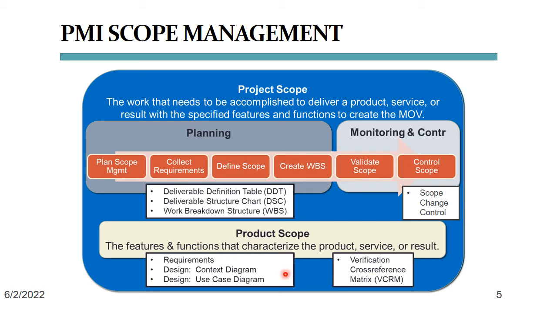The scope verification cross-reference matrix that you're seeing in the lower right-hand corner here helps us keep track of all the requirements and use cases and asks our test engineers to execute each use case and exercise our implementation of each requirement to make sure that we have built a quality piece of software.